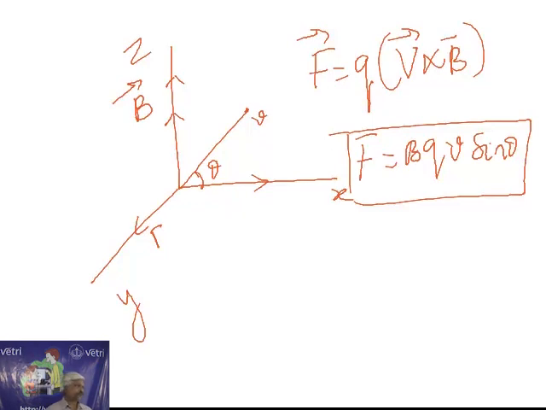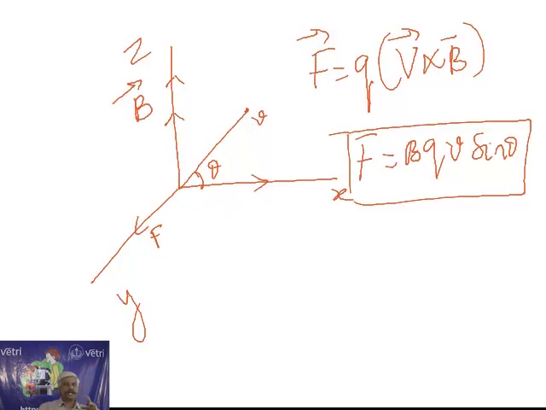Whenever a charged particle moves in a magnetic field, it experiences a force. How much force? B Q V sin theta. That is the magnitude; the cross product is the vector idea. The direction of this force can be understood by Fleming's left hand rule. Left hand means we keep the thumb, forefinger and middle finger mutually perpendicular to each other.